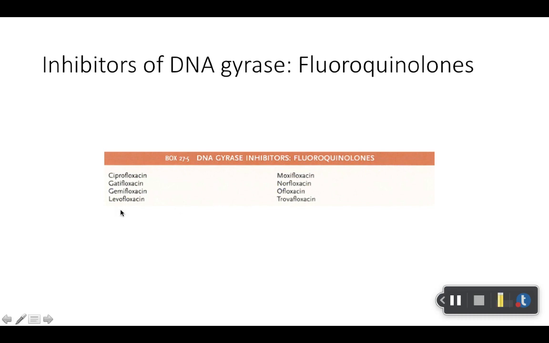Okay, now we're going to talk about the Fluoroquinolones, which is another popular class of medications that you'll probably see prescribed a lot. These all inhibit DNA gyrase. I said GNA, sorry about dyslexia here. DNA gyrase. And you'll notice these all, I think students like this, it should be easy for memorization, they all end in floxacin.